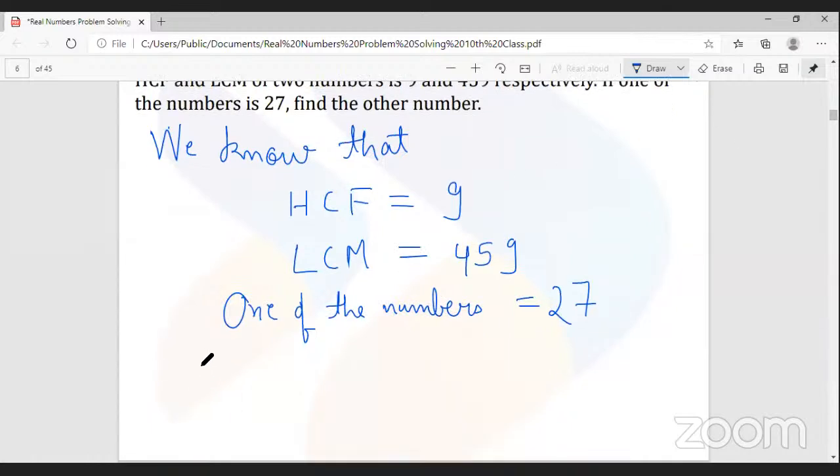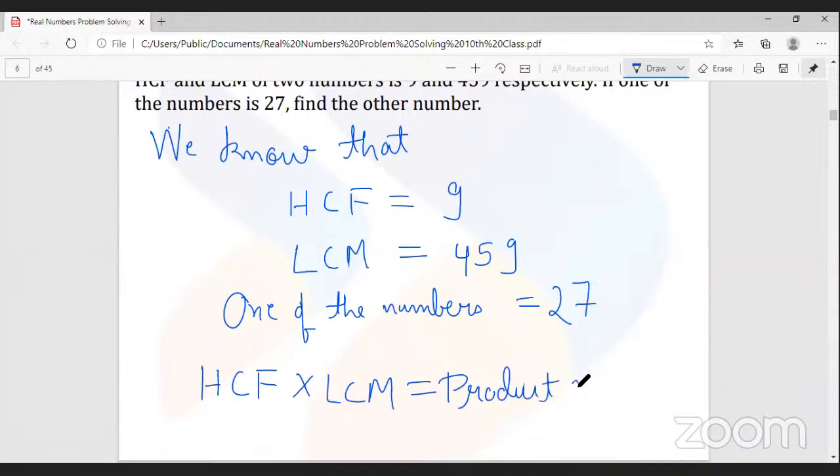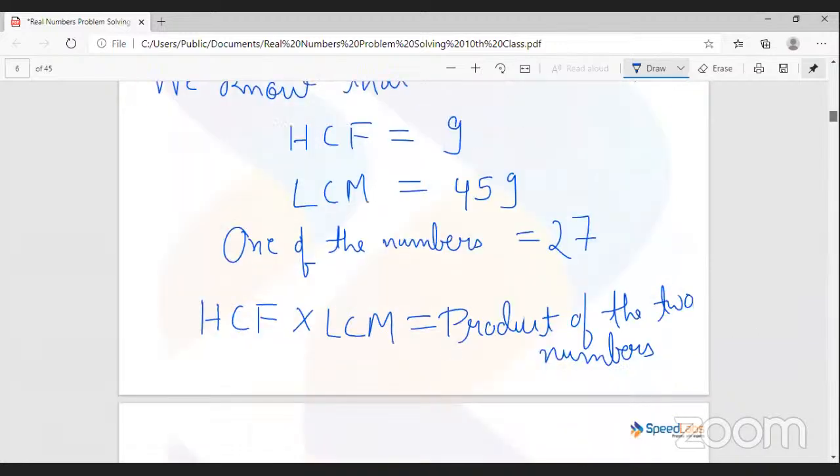And we know that HCF into LCM equals the product of the two numbers. Okay. So now HCF is given as 9, LCM is 459. One number is given, 27, but the other number is not given, so I'm assuming it to be X. Ma'am, can we take X? Yes, let's take X here. No problem.